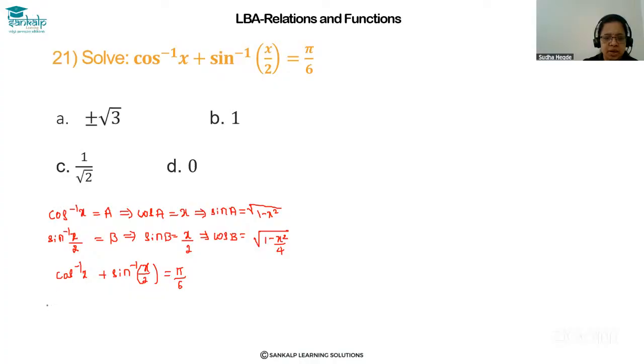This implies, what is cos inverse x? It is A, plus sin inverse x by 2 is B, is equal to pi by 6. This implies you can take A is equal to pi by 6 minus B. Okay.